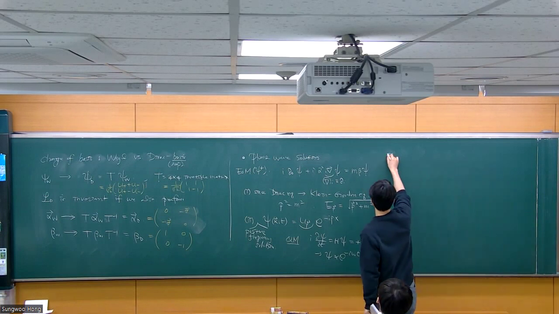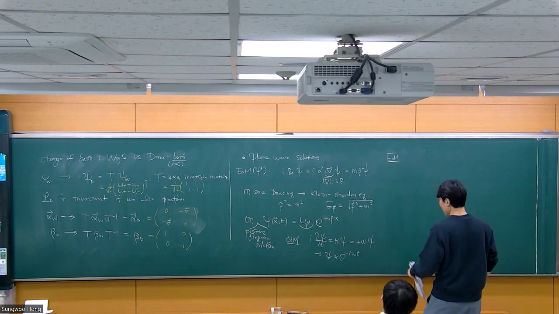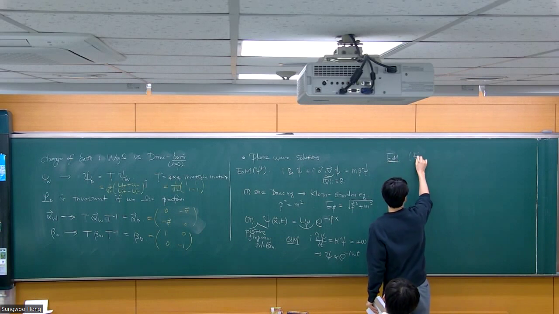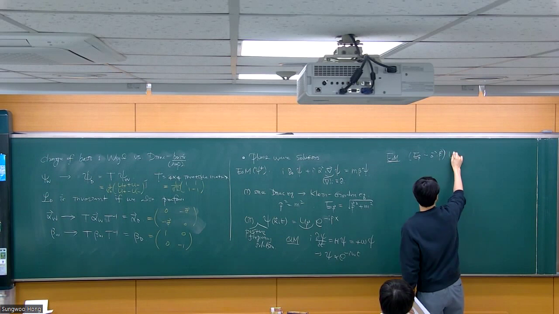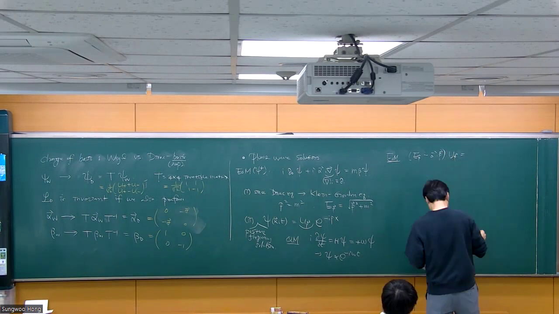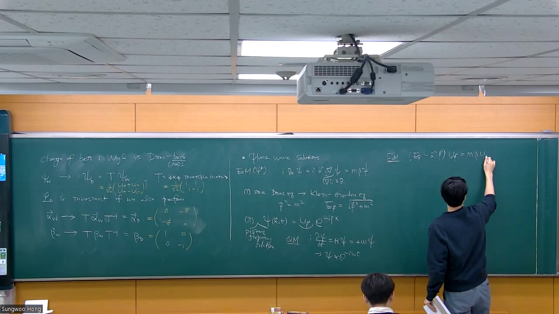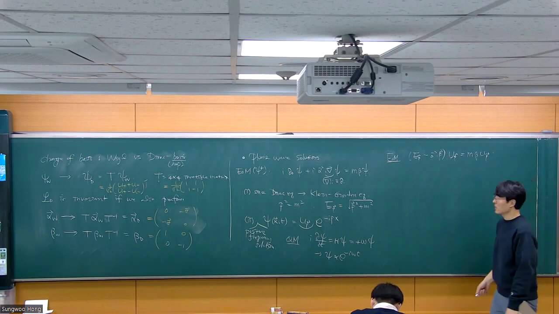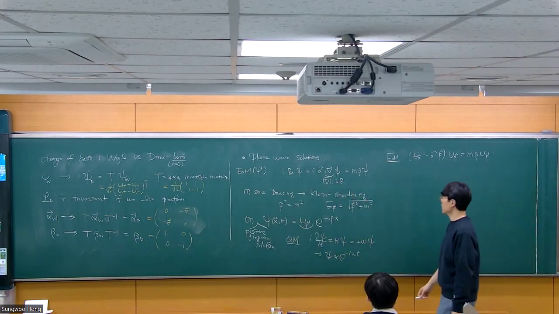Okay, so let's plug in and get the equation. So the equation of motion becomes now, if you do that, basically the equation to solve, right? So basically the equation for psi turns into an equation for u.